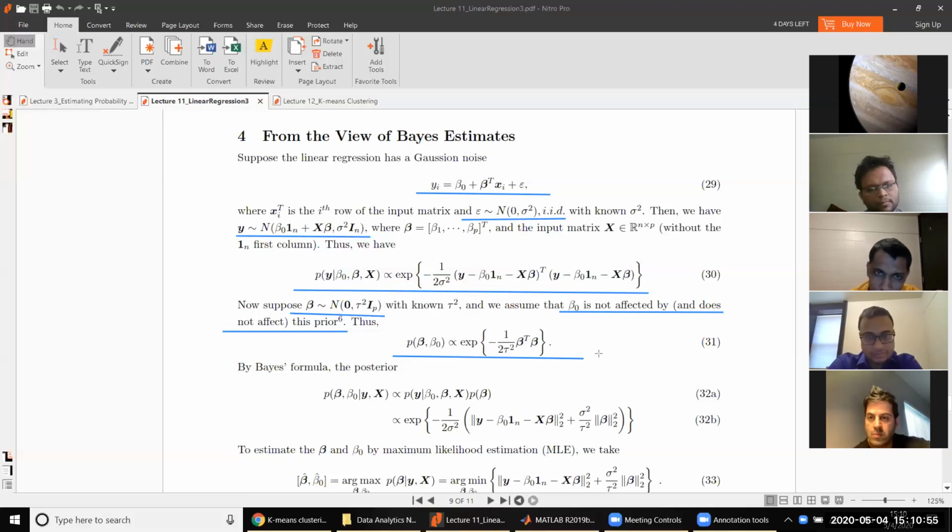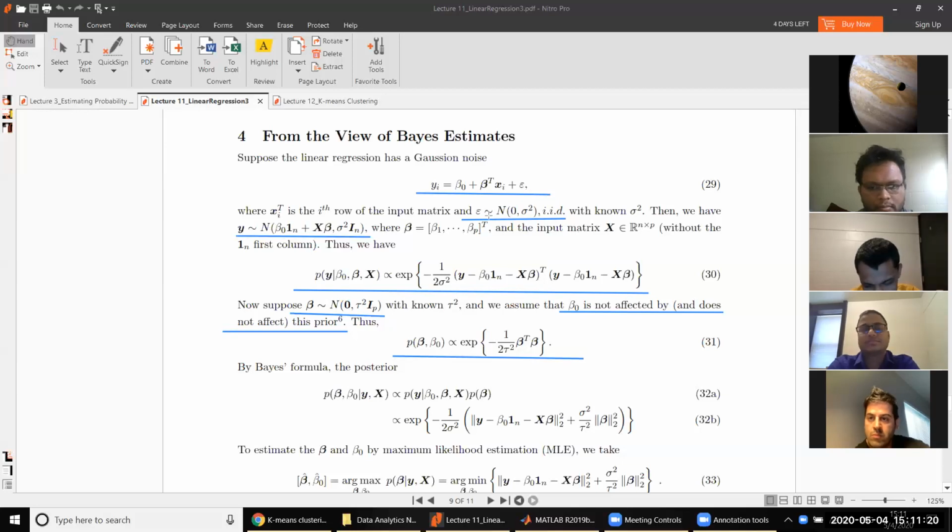Remember, your penalty is the sum of beta j from j equals 1 to p, while in the main part of the OLS least squares formulation, your beta is from 0 to p rather than 1 to p. Then you're going to have the same problem. And hence, here we assume that beta 0 is a variable, but does not affect the prior.